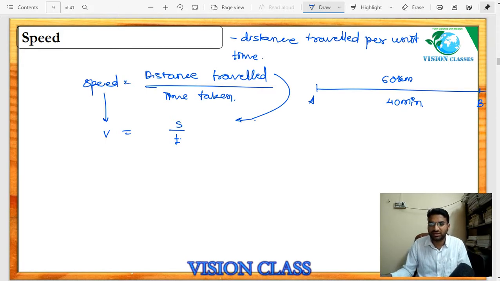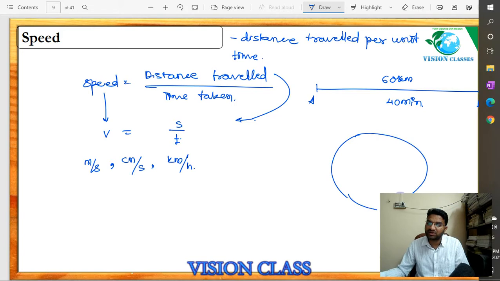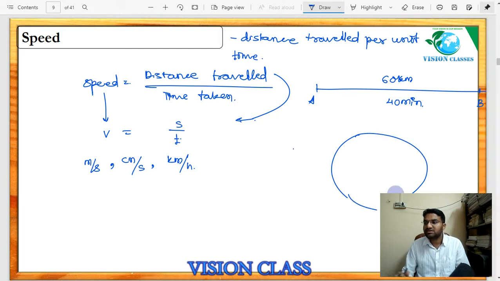The units of speed are meter per second, centimeter per second, or kilometer per hour. On any kind of four-wheeler or two-wheeler vehicle, we have an indicator called the speedometer.